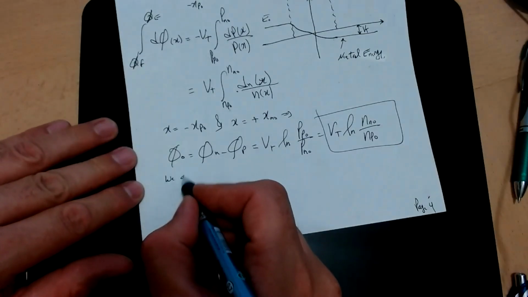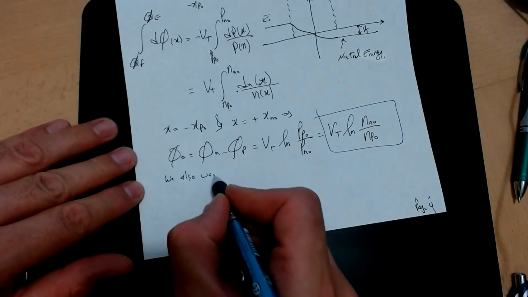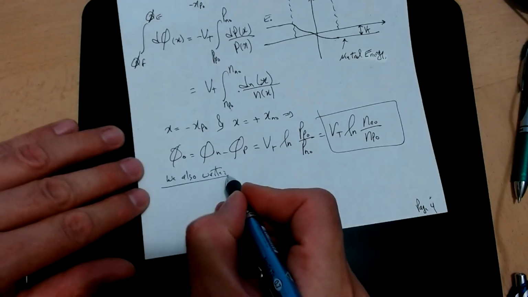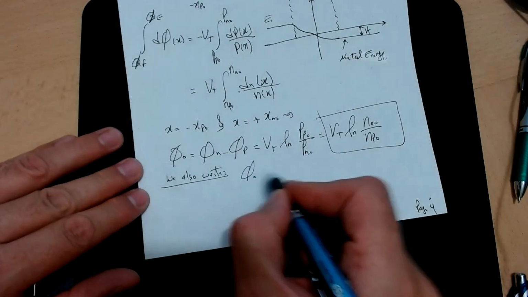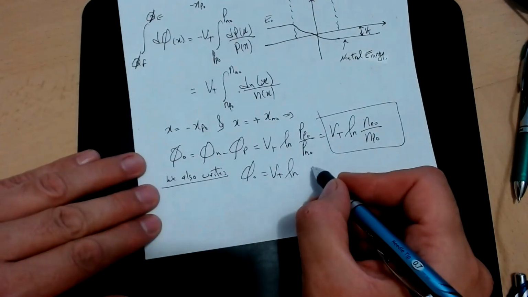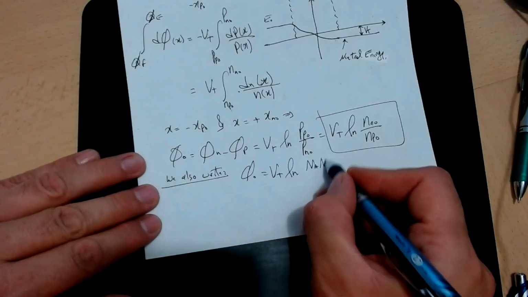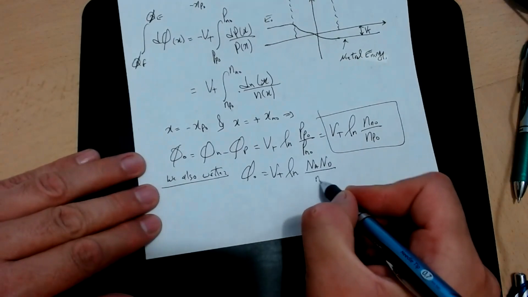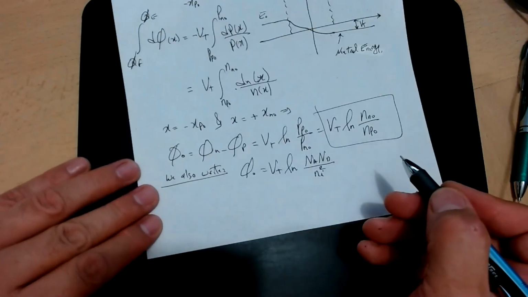We can also write phi 0 is equal to Vt ln Na Nd divided by Ni squared.